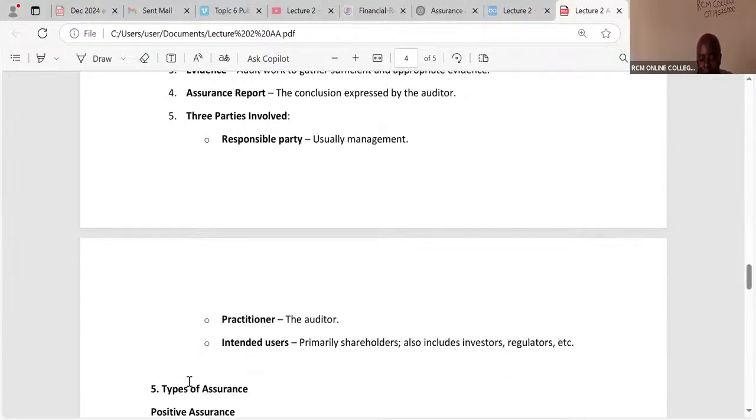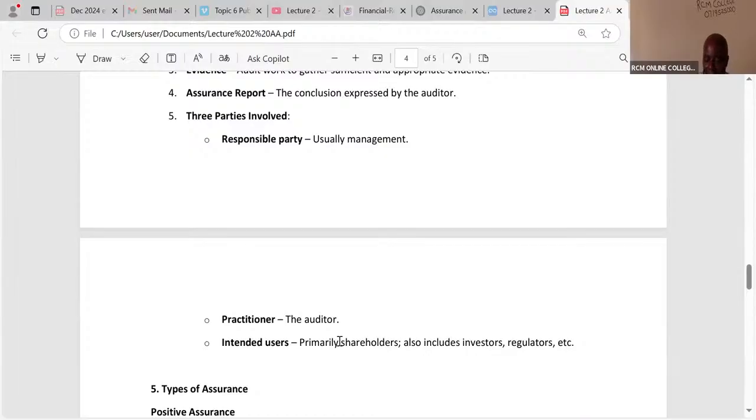That is the responsible party. And then we have the practitioner, the auditor, who is Aura and Co. And then we have the intended users, the ones who have engaged us now to go and do an audit of those financial statements. So these are the primary shareholders. Primarily, they are shareholders, also investors, regulators, etc., etc.